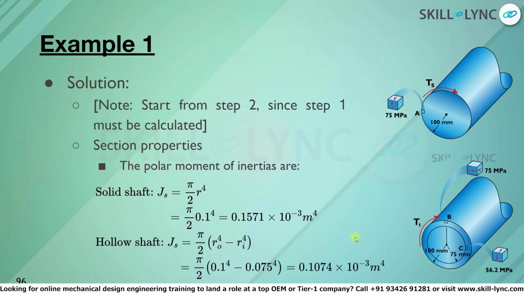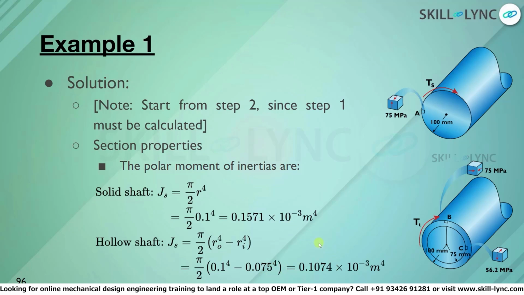Here 0.1 is basically 100 mm converted to 0.1 meter. In the same way, for the hollow shaft, the outer radius is 0.1 to the power 4 minus the inner radius, which is 0.075 to the power 4.